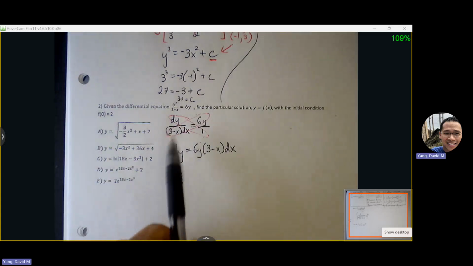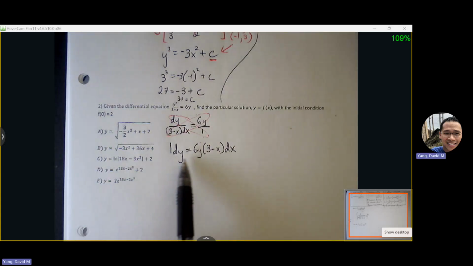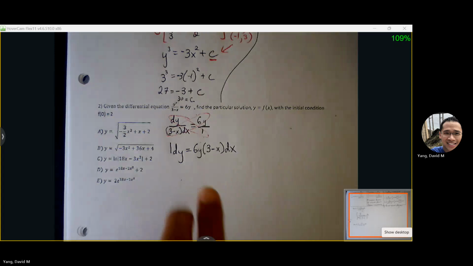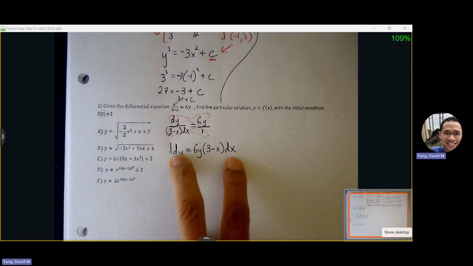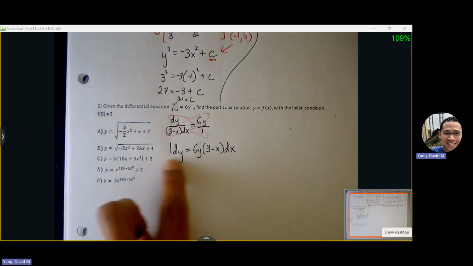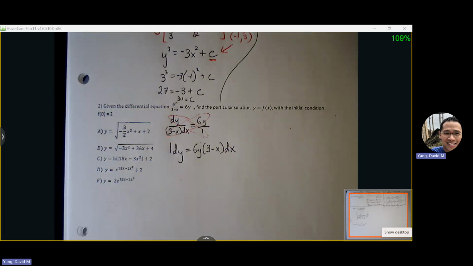Okay. Are we okay with getting to this step here? So when you cross multiply, you can get some things out of the way. The dy and dx's are going to be lined up nicely. They're both in the numerator, dy on the left, dx on the right. And now we can ask ourselves, what is out of place? If you see anything out of place, we want the x's gathered together on the right. We want the y's gathered together on the left. What do you see is out of place? Well, what needs to move?